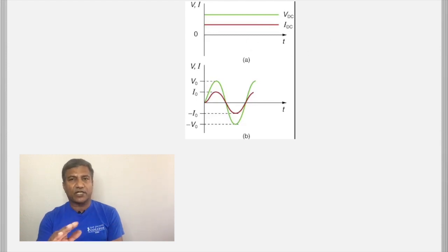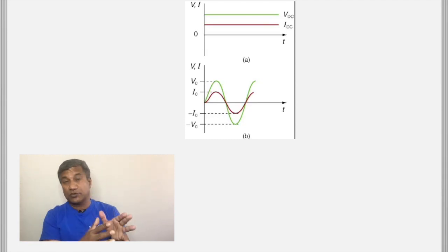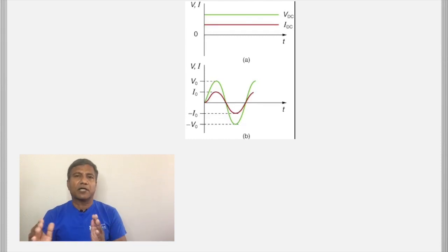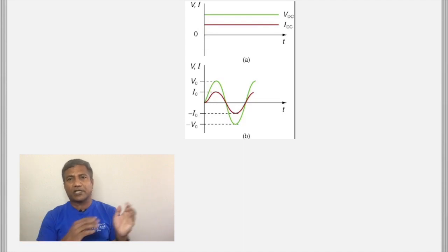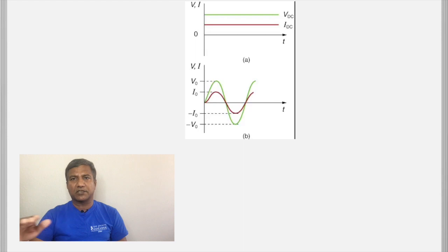It does not fluctuate. It does not change. So when a battery supplies current, it stays at a constant rate. Well, of course, until the battery is about to die, right? So most of the time, 95% or 98% of the time, a battery supplies a constant current. So that's called direct current.